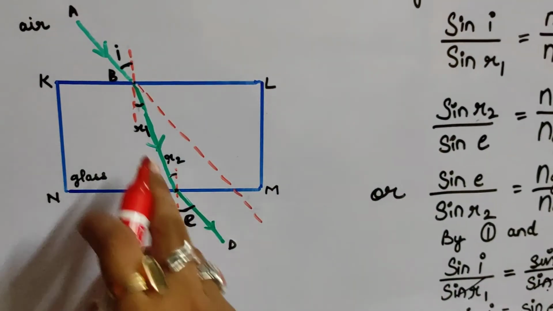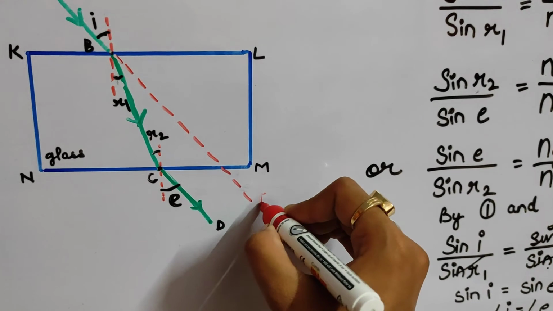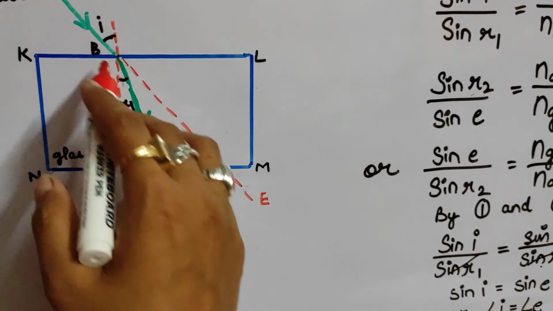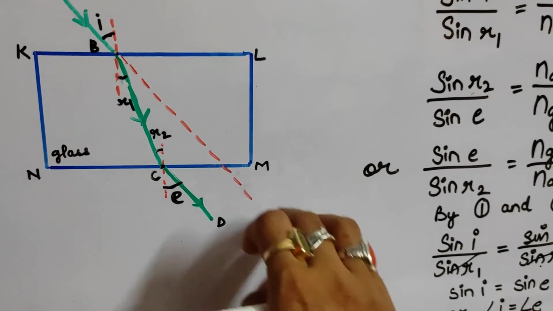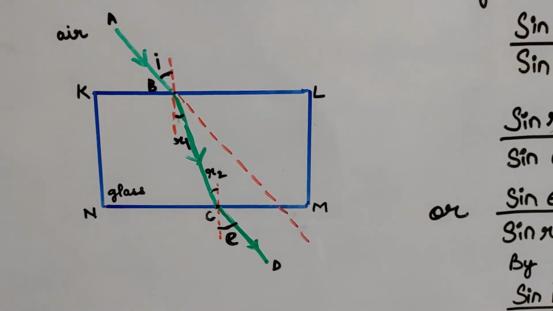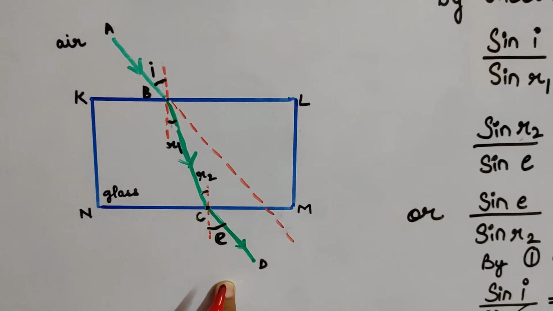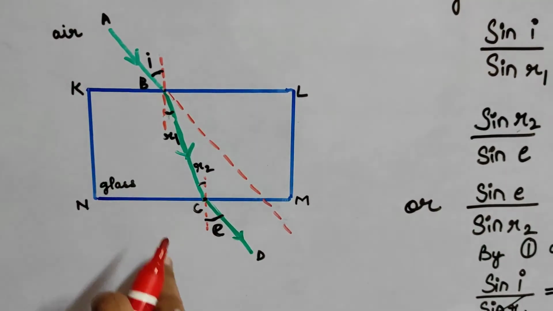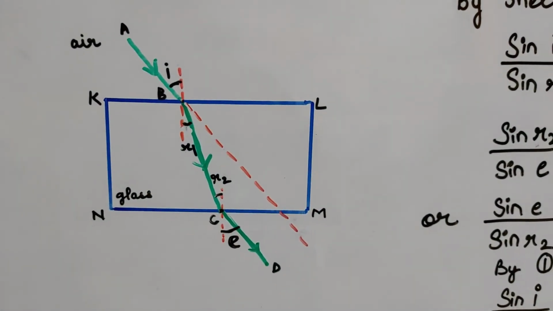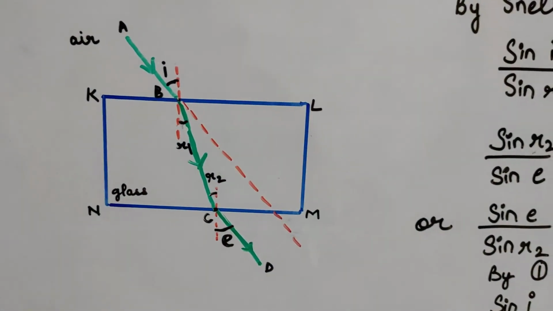Hence, if we name this B and this E, we can say that BE is parallel to CD, or simply AB is parallel to CD. So the light emerges from the rectangular glass slab in a direction parallel to which it entered, so the emergent ray is parallel to the incident ray.